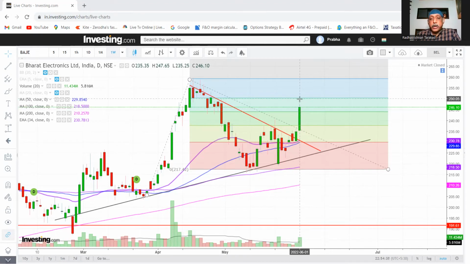The next port of call for this will be about 252, which is the 78% retracement zone entry. And if it were to cross the 78% retracement zone, which it had earlier attempted but failed, then this stock will clearly look for a target of 260. So essentially, it has to cross these two levels before it moves up.